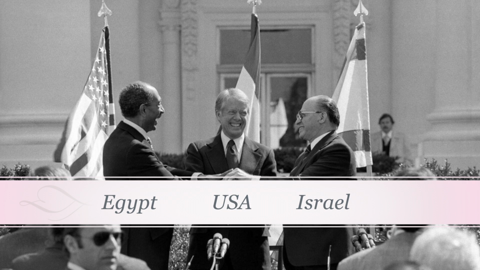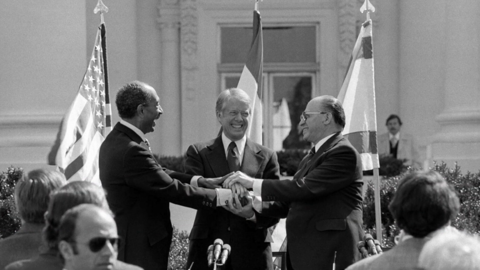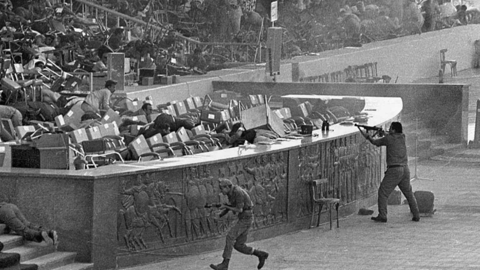Sadat met with U.S. President Jimmy Carter and officially agreed to accept the existence of Israel. The government of Egypt caved in and said, we will accept Israel's existence, shook hands with Carter, and not too much longer after that, Sadat was assassinated by an Egyptian for having betrayed the Arabs in the world by accepting Israel. So this became controversial.